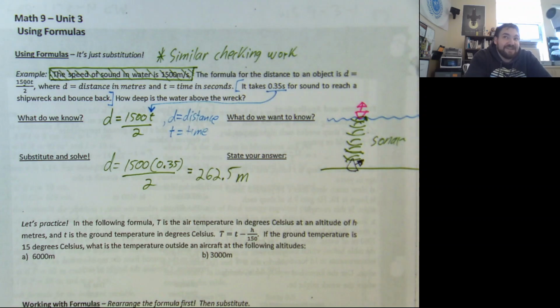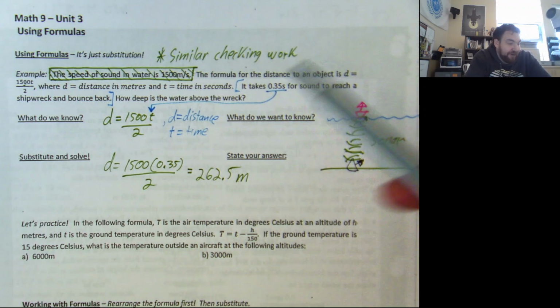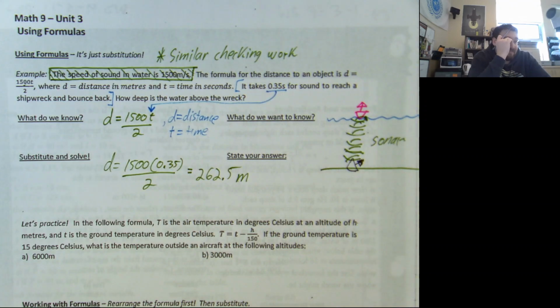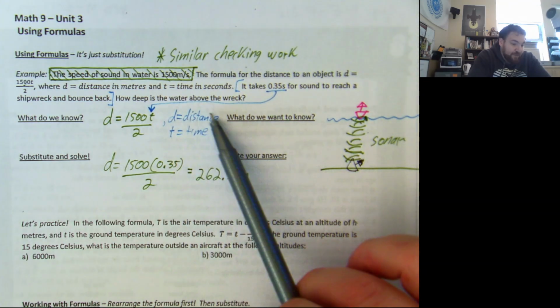And now the last step is this. If I gave you the question in a paragraph, what do you need to do with your answer? What have you done in the past with word problems? Yeah. If I give you the question in a paragraph, you need to give me your answer in a sentence. So the question is, how deep is the water above the wreck?